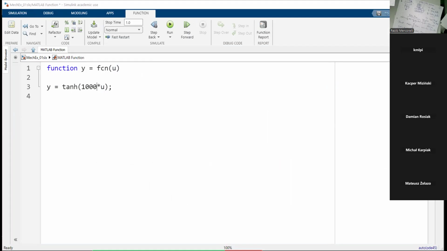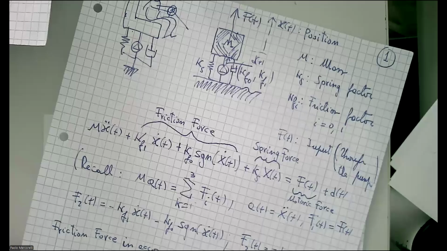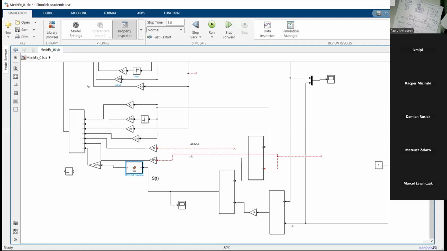Why is Simulink not visible in Zoom now? I don't see Simulink anymore. Stupid situation now. Okay, let me see what happens.